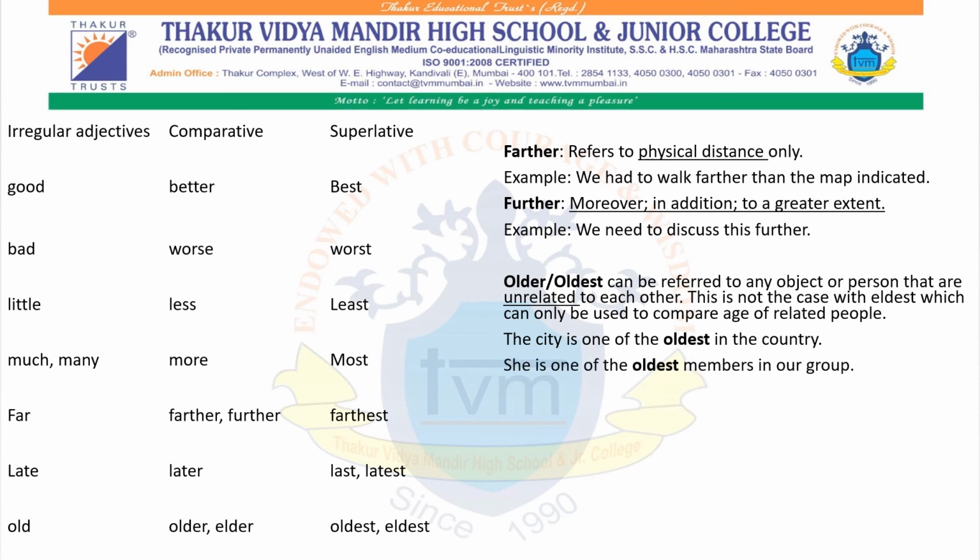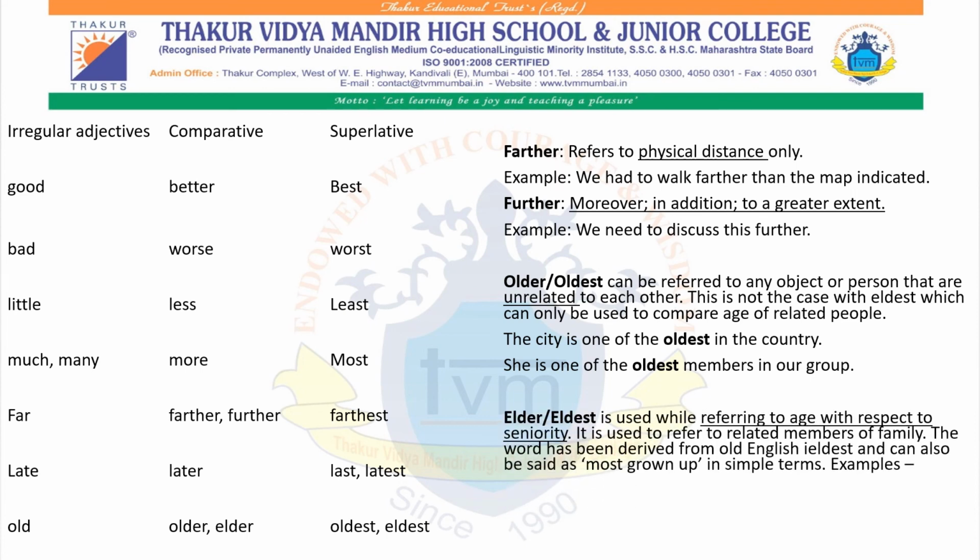So it is not about age. She is one of the oldest members in our group. Elder and eldest are used while referring to age with respect to seniority. They are used to refer to related members of a family. The word has been derived from Old English eldest and can also be said as most grown up.